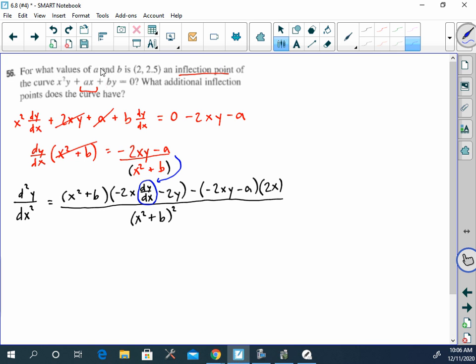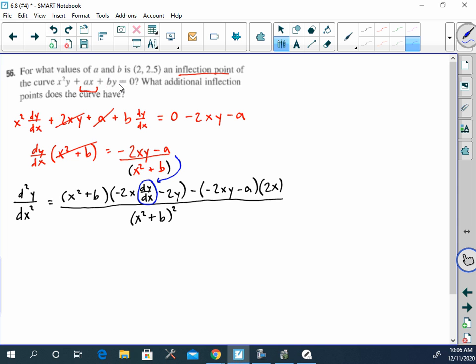So for what values of a and b is this an inflection point of the curve? So where are inflection points going to happen? What am I going to have to do with the second derivative? Find the concavity? Yeah, so we're going to have to find where the second derivative is equal to 0, right?